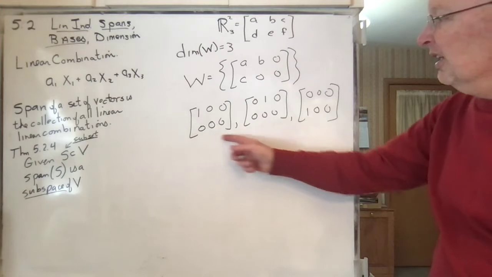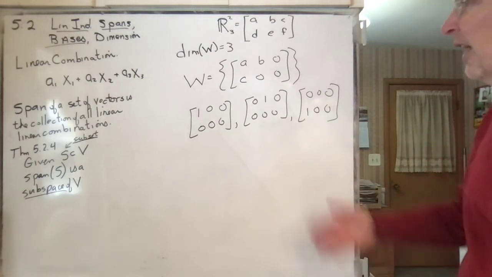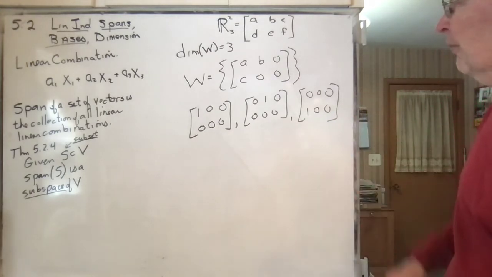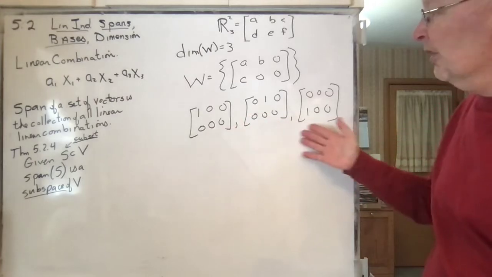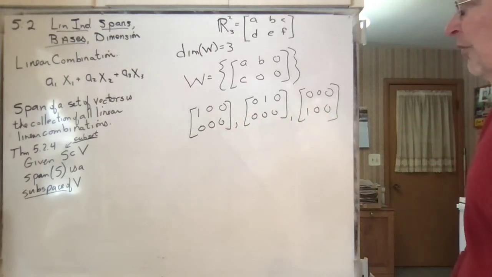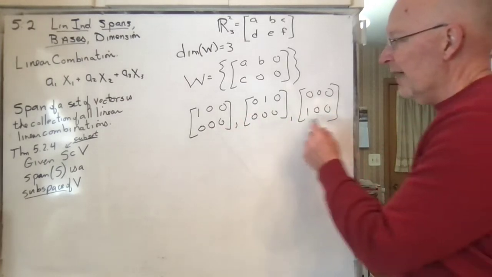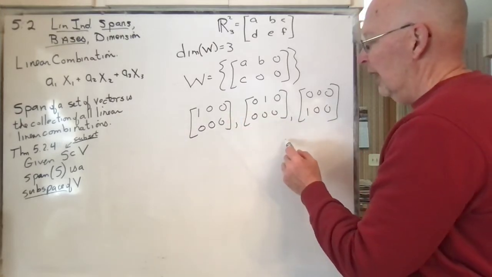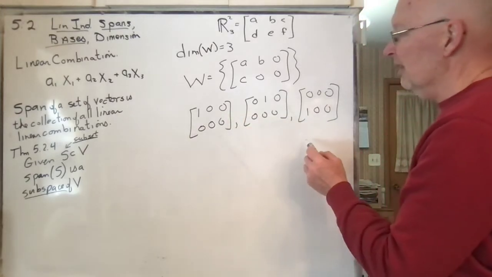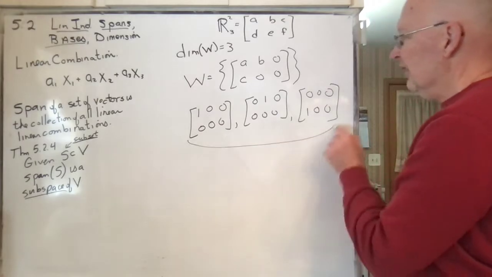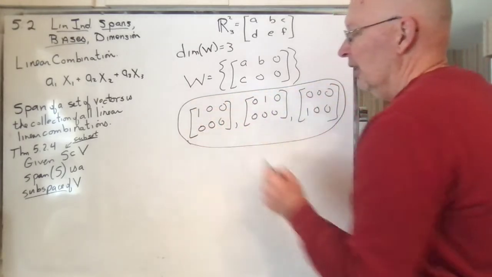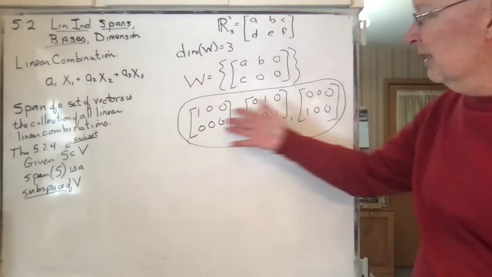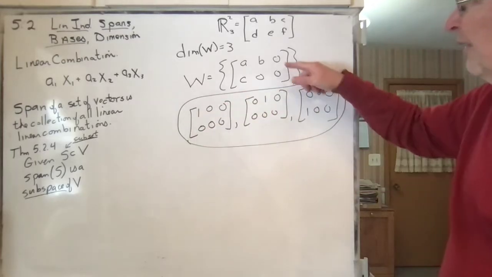I'm gonna need 3 vectors to span it. If I have more than 3, some of them are extraneous, but I'm gonna need at least 3 in order to span it. And I know that if I have anything more than 3, it's going to be linearly dependent, because 3 gives me the whole space. The linear combinations of 3 of them give me everything.